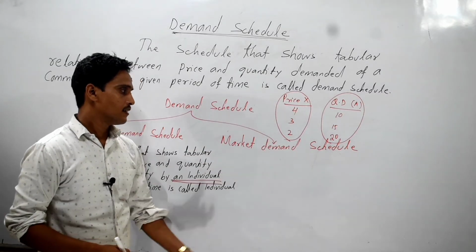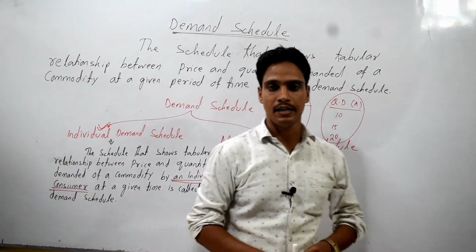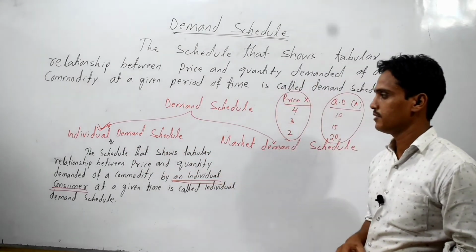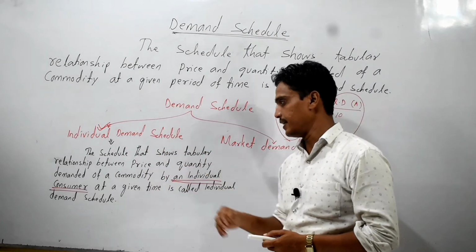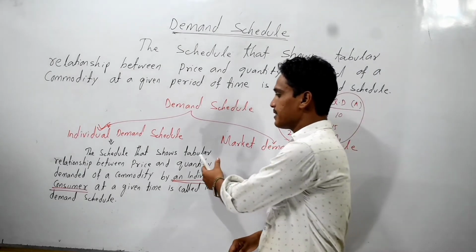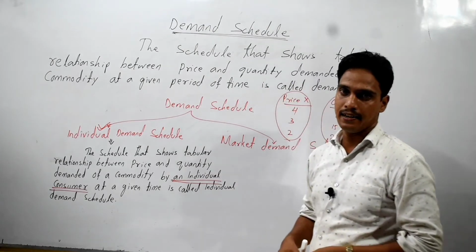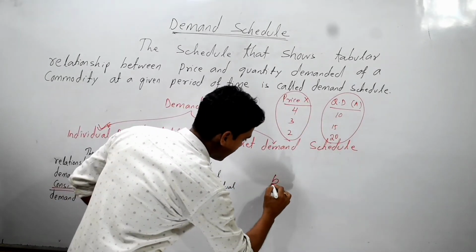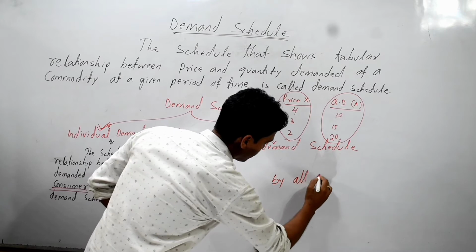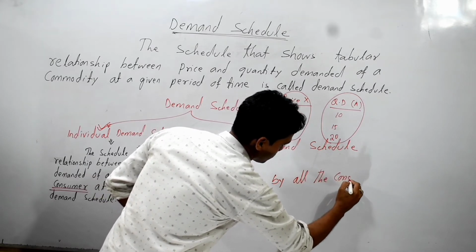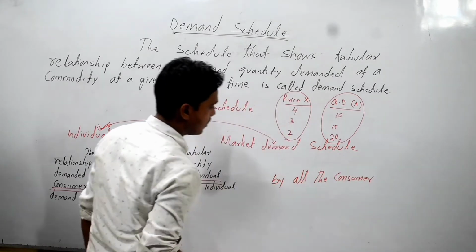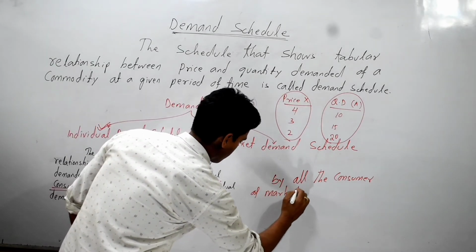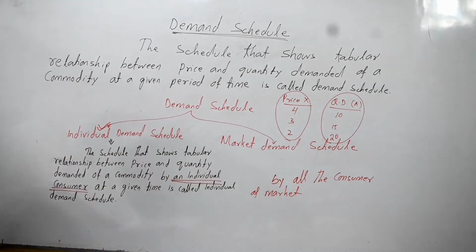Similarly, the market demand schedule means the schedule that shows tabular relationship between price and quantity demanded of a commodity by all the consumers of a market at a given time.